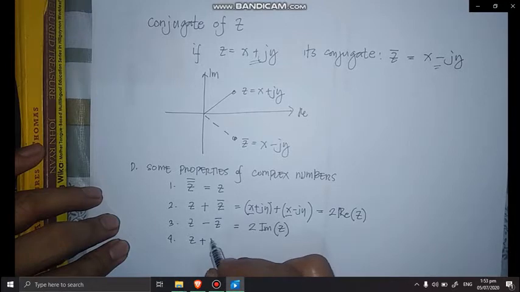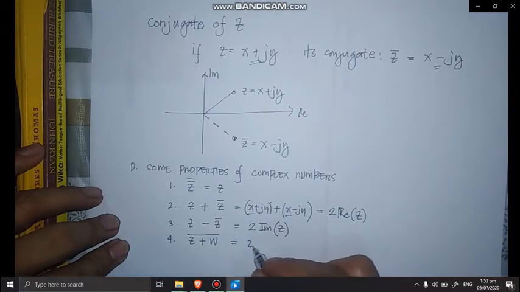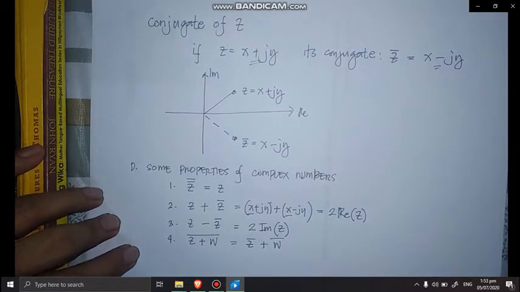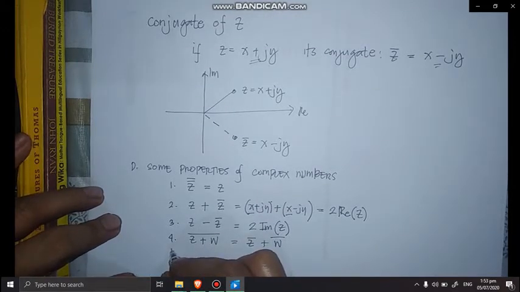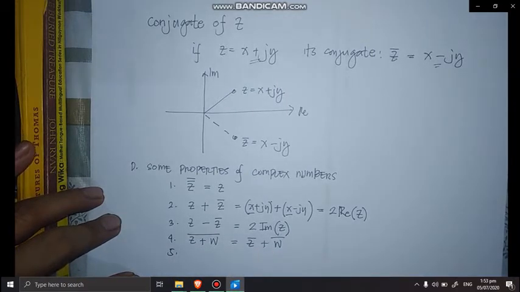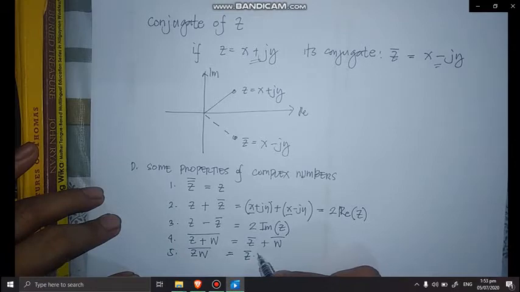Now, if we add complex number z plus the complex number w, and we take the conjugate of the sum, the result is the same as the conjugate of z plus the conjugate of w. Now, if we multiply two complex numbers and then take the conjugate of the product, the result will be the same as the conjugate of each term multiplied together.